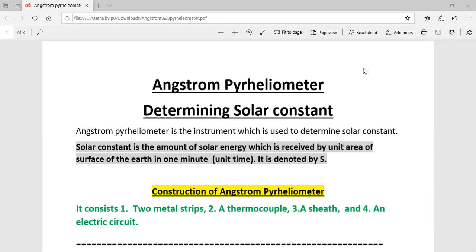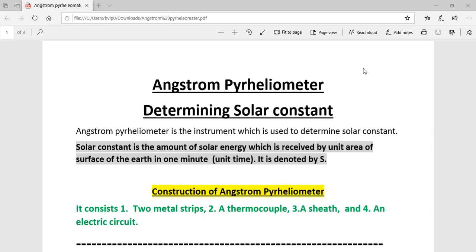So how much energy is received by unit area of the earth in 1 minute, not in seconds, in 1 minute? This is called solar constant. Solar constant is the energy received by unit surface area of the earth at a given place in 1 minute. This value depends upon the place, as I said, and even depends on the time also.